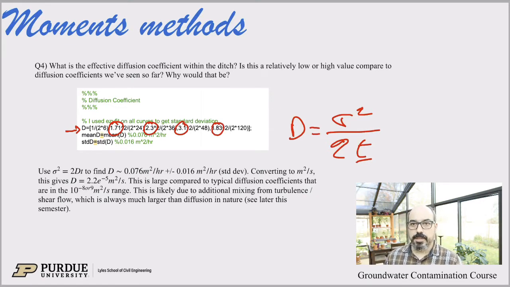You fit a Gaussian and look at the standard deviation of this Gaussian over time, then take sigma squared, the variance, divided by 2 times t. You can see here the times where we measure data. Now we have the dispersion coefficient, which is 0.016 squared meters per hour, according to those calculations.